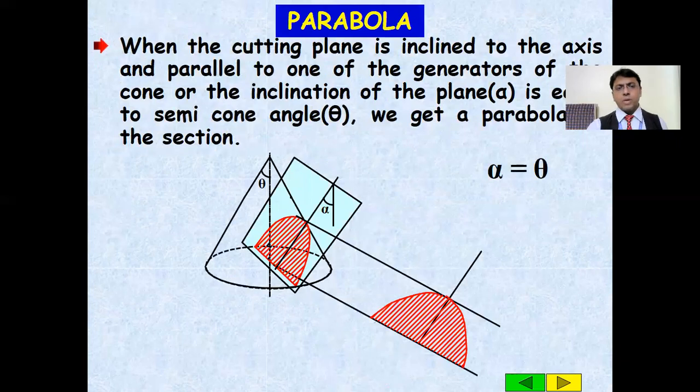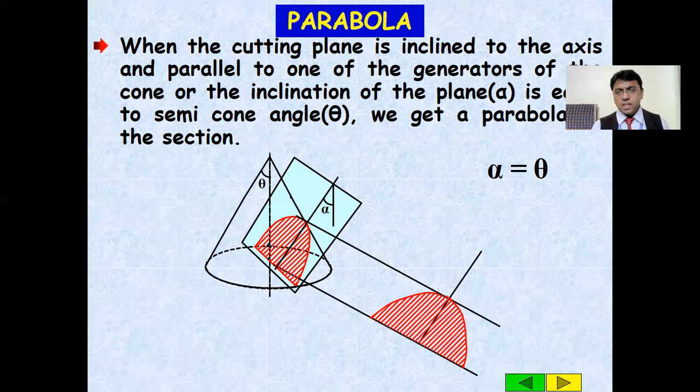Similarly, parabola. Suppose the cutting plane is inclined and it cuts one of the extreme generators and the base. So in the remaining part of the cut section, the alpha angle and theta angle are the same.